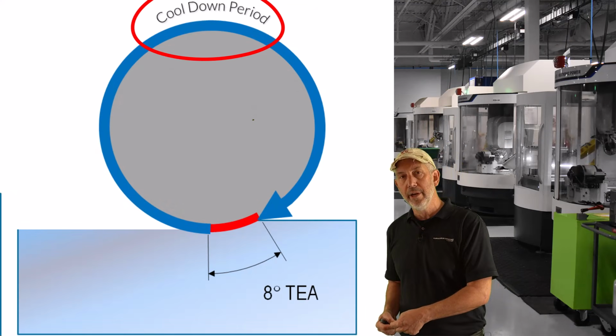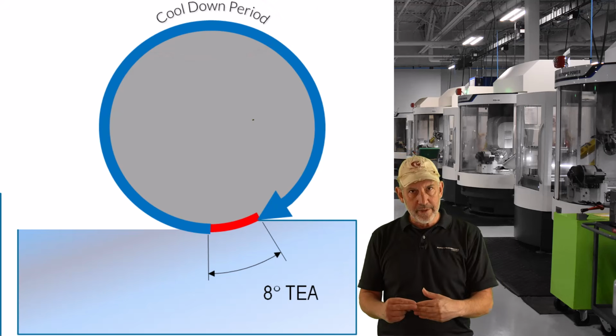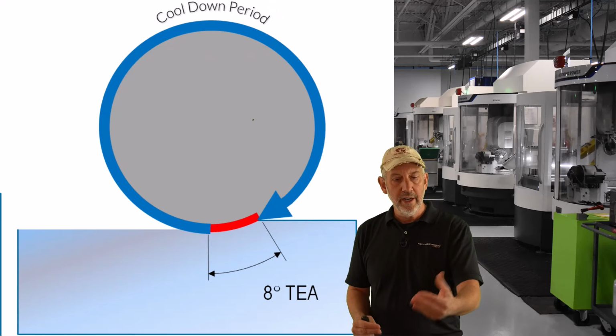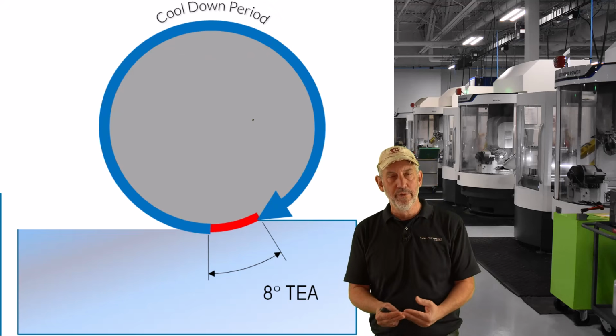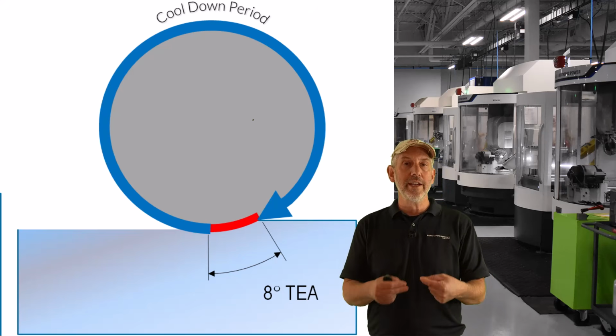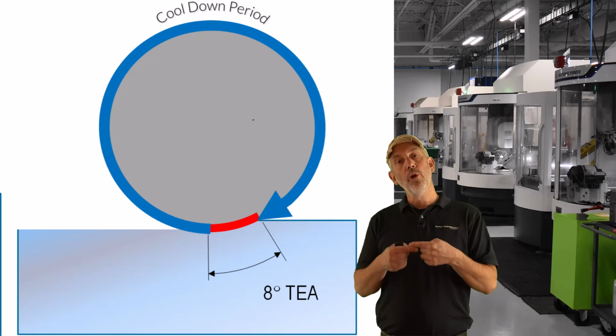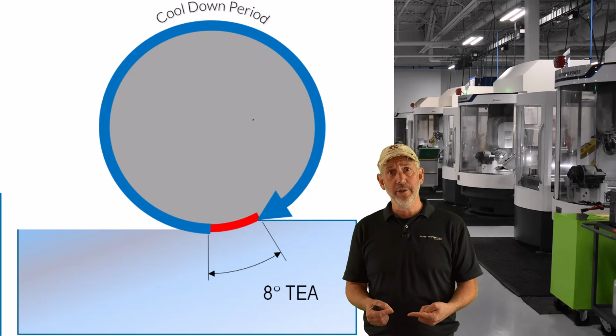It's in a cool down period, and then it goes back to the heat zone. This keeps the temperature on our cutting edge lower. If we can control the temperature of our cutting edge, then we can control how long that coating and that substrate can last before we start deteriorating it.